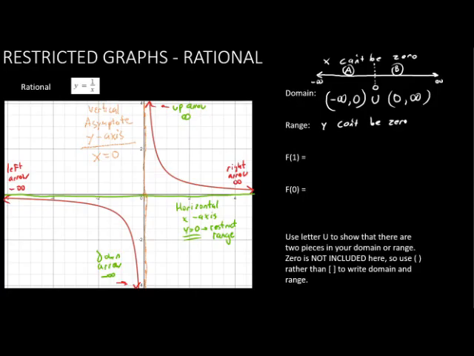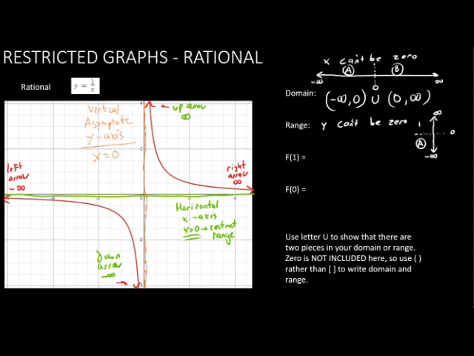Once again, we'll draw a number line. This time, we'll use an up arrow and a down arrow for our range. We'll say negative infinity at the bottom, positive infinity at the top, and then a horizontal asymptote at 0. So our range is also split into two pieces.